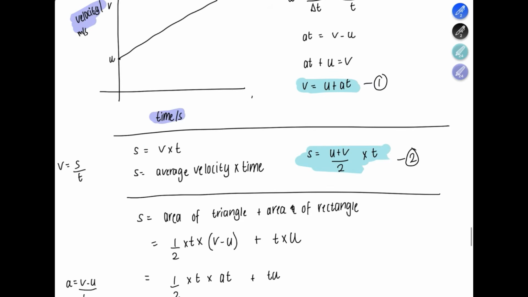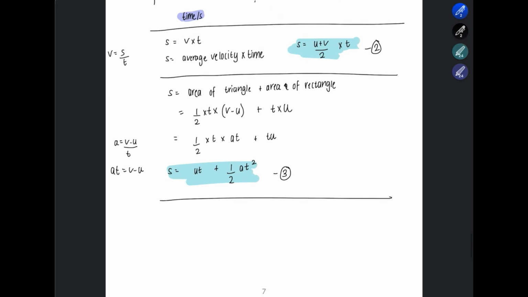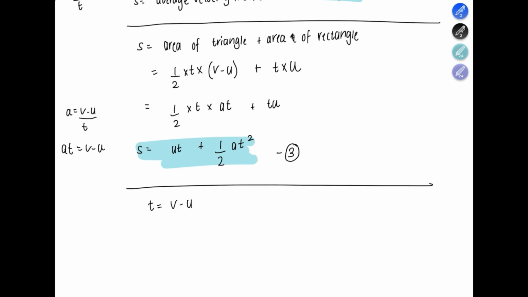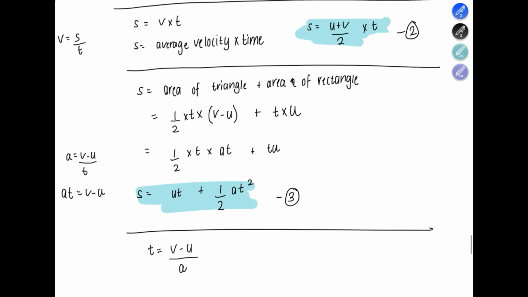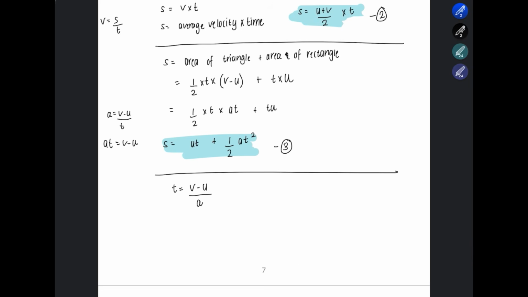We'll use the first equation and second equation to find our last equation. Here we'll make time the subject. t equals v minus u over a, and then substitute this in equation number 2. This is the second one. So s equals (u plus v) divided by 2 multiplied by time.